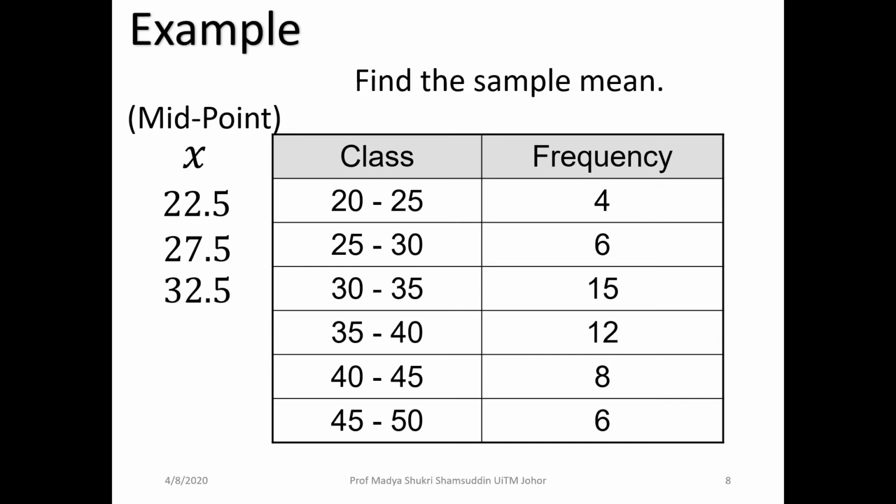The midpoint for the fourth class interval is 32.5 plus 5, which is equal to 37.5. The midpoint for the fifth class interval is 37.5 plus 5, which is equal to 42.5. And the midpoint for the sixth class interval is 42.5 plus 5, which is equal to 47.5.